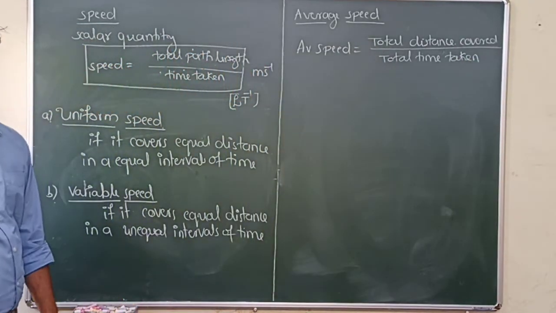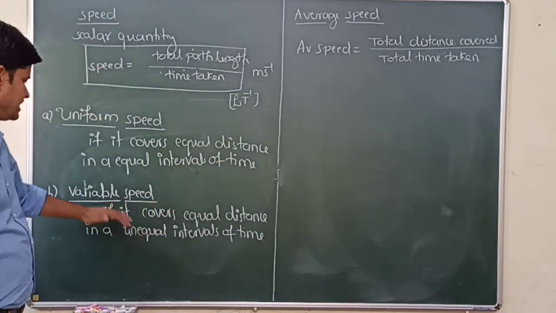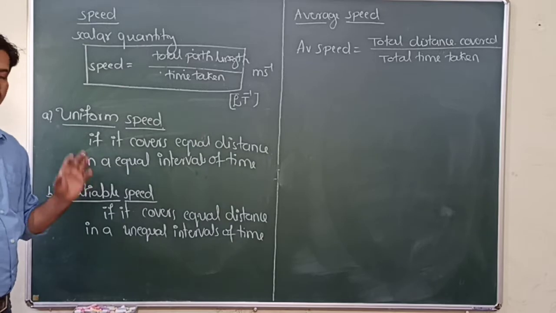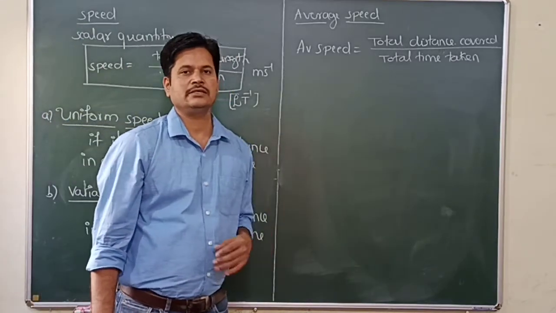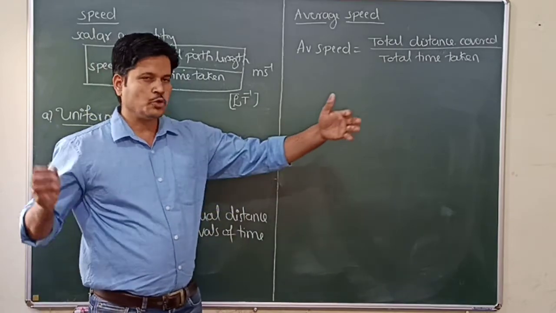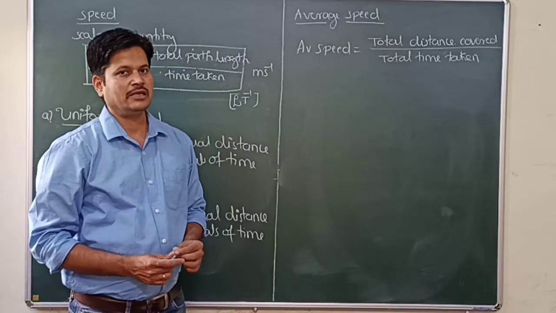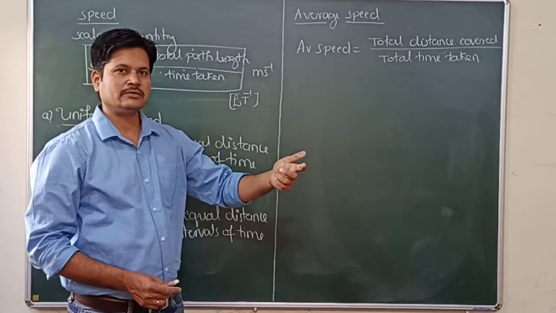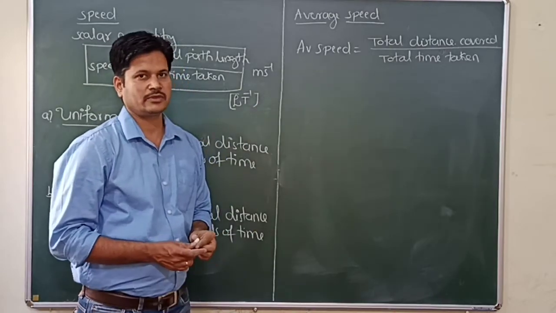Right? As we studied in the previous case of variable speed, when the object is traveling with different speeds, then we require a constant speed throughout that path length covered by the object. That constant speed is known as the average speed.